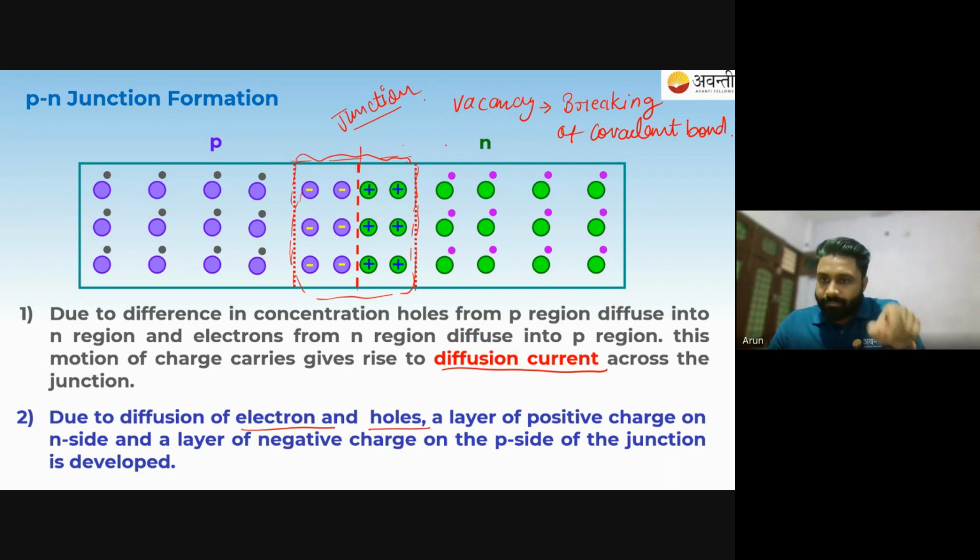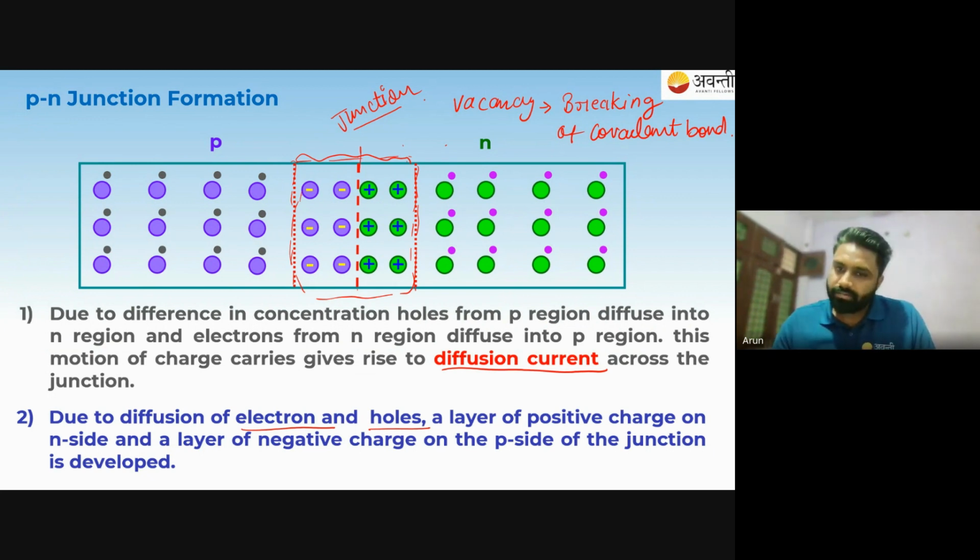So when this barrier has formed at the PN junction, this electron finds a very hard path to cross this junction, and it is very tough for an electron to move through these heavy ions. Okay. So further diffusion will stop. Got it? And this layer will act as a barrier.